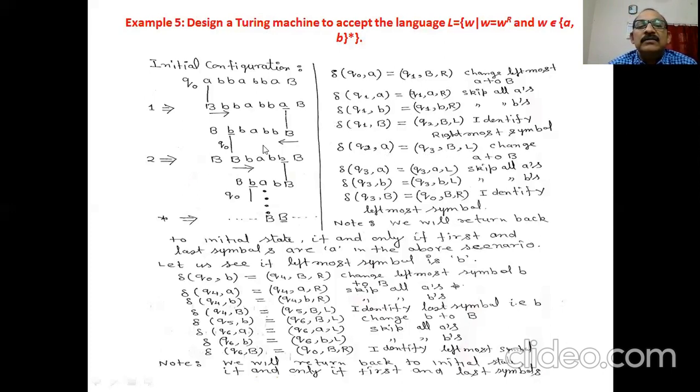Now, at state Q3, input is a or input is b. We skip all a's and b's and move in the left direction. If at state Q3 a blank is encountered, the machine goes to state Q0 and moves in the right direction, replacing blank by blank.